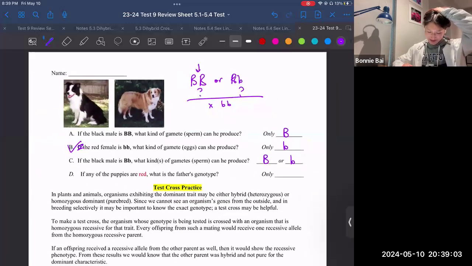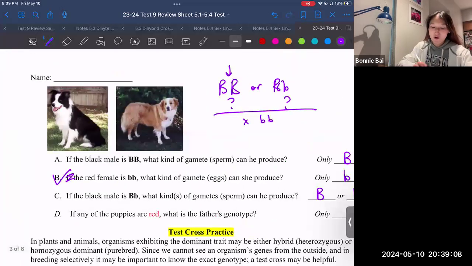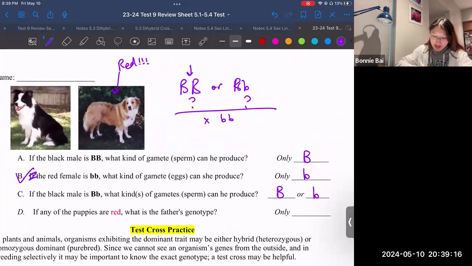Red. Is red a trait we're looking at? Oh, yeah. The recessive is red. This is red coat, apparently. Okay. So if the puppies are red, what does that mean? Well, if the puppies are red, we know the puppies' genotypes are little b, little b. Now here's the deal.